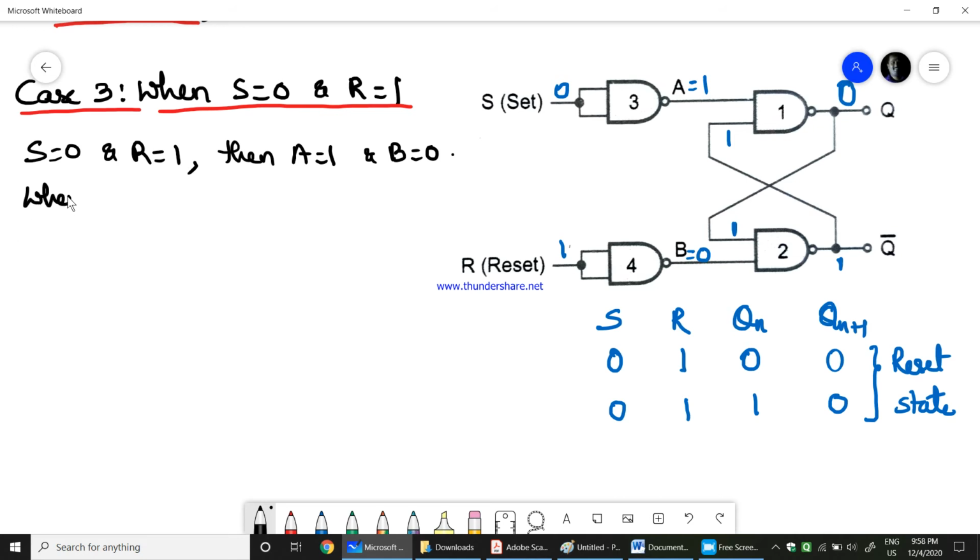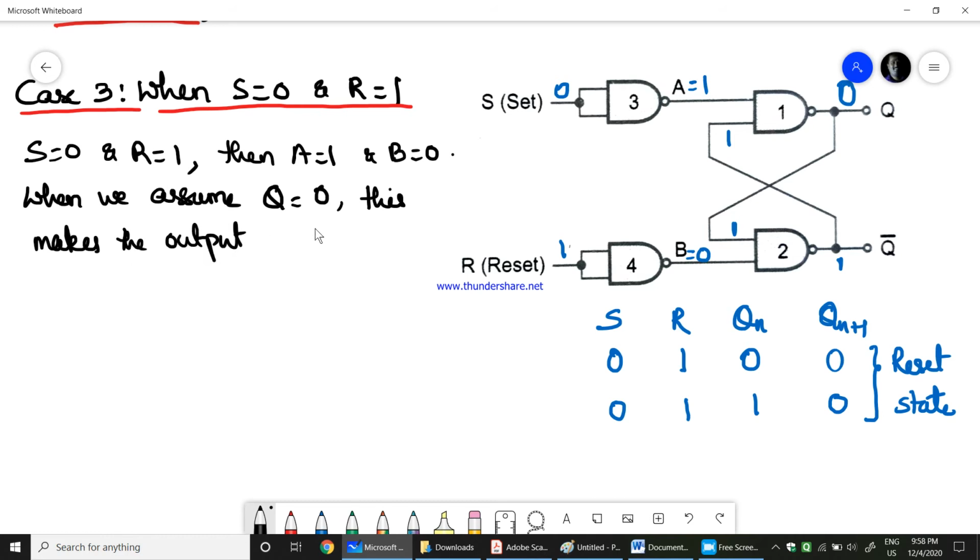When we assume Q to be equal to 0, this makes the output of NAND gate 2, which is nothing but Q bar, equal to 1.